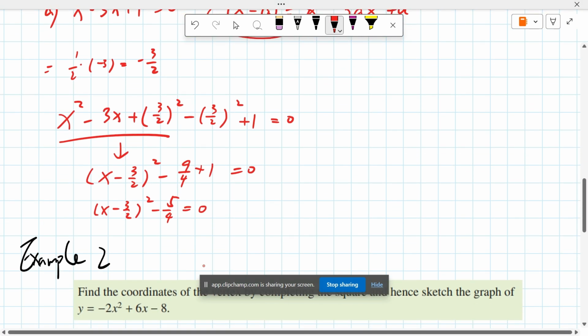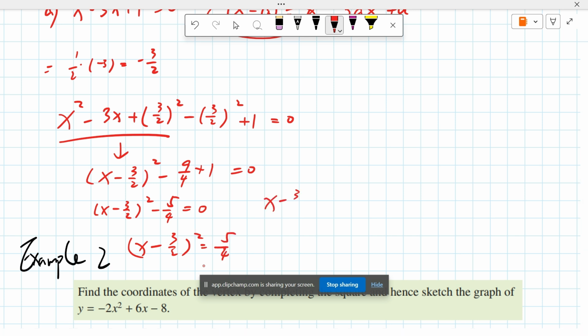Then x minus 3 over 2 squared equal to 5 over 4. Then x minus 3 over 2 equal to plus or minus square root of 5 over 4. And x equal to plus or minus root 5 over 2 plus 3 over 2. So that becomes your answer.